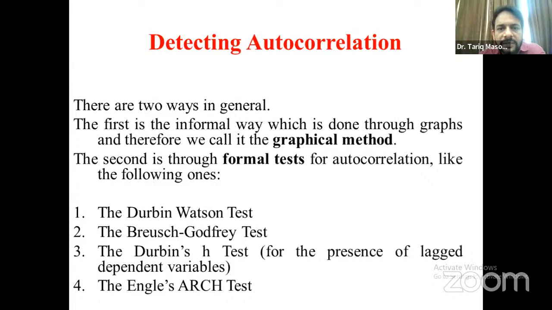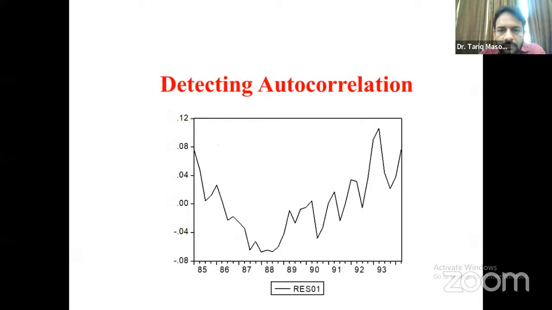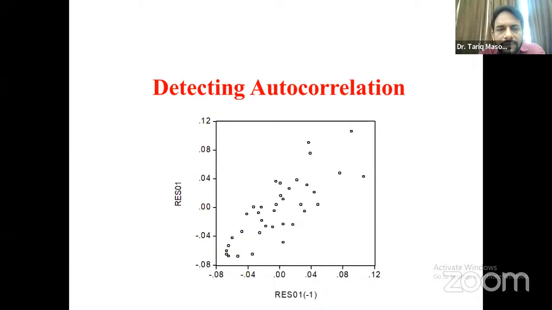Again, for autocorrelation, we have two methods of detection, graphical and formal methods. You can simply plot the values of residuals over the X values. If there is any sign of systematic behavior, you can say that there is autocorrelation.